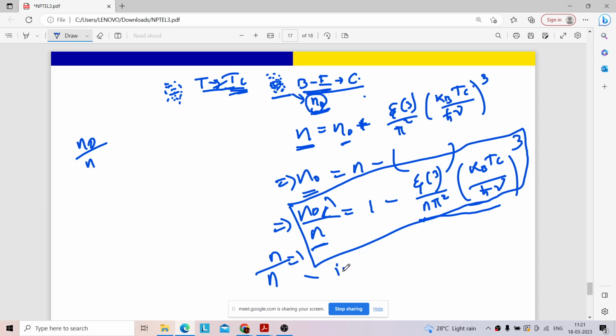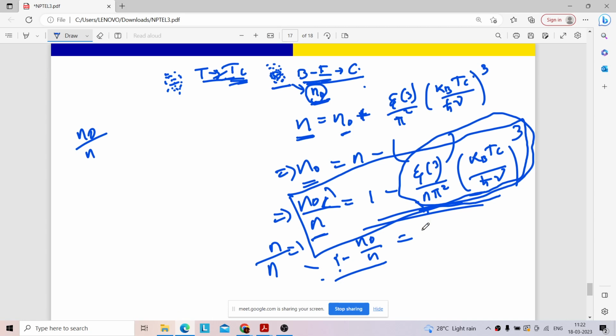So how many fractions are condensated? I have to take the difference from 1, like n0 by n. 1 minus n0 by n will give me the total number of condensated particles. This is the answer. You got it right? Okay.